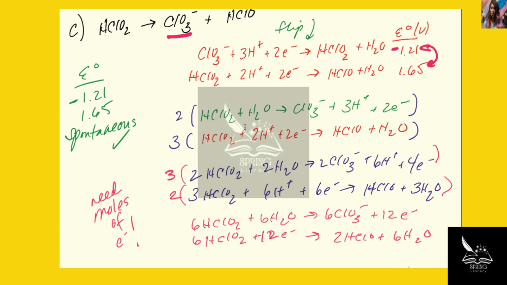Now we need to get at the moles of electrons because we're going to be using delta G equals negative nFE0. So in order to do that, we've got a couple of complications because we have water molecules and hydrogen ions that are not in the final equation. And in order to balance these reactions, we need to get rid of the water and we need to get rid of the hydrogen ion before we can balance our electrons.